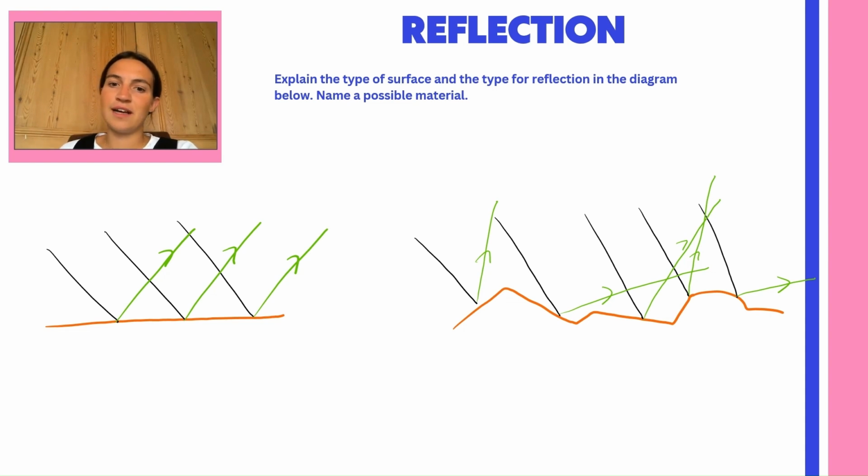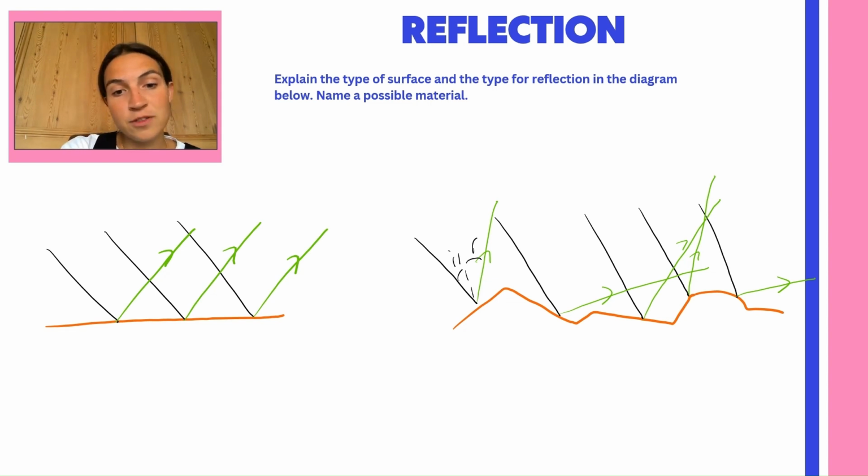But then in my next diagram, I've still got my black lines all coming in the same direction, but then they hit different sides of this rough surface now. And at each point where they hit, I could draw little normals into my diagram. And at each point, the angle of incidence would be equal to that angle of reflection.